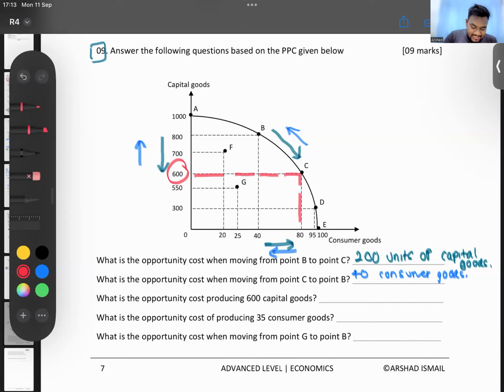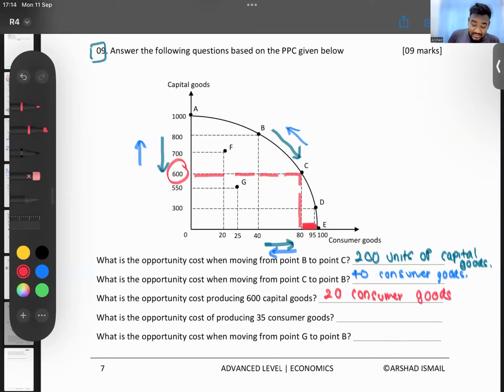When you're producing 600 capital goods, you can only produce 80 consumer goods. So how much of consumer goods can't you produce because you're producing 600 capital goods? This distance right here, this 20 consumer goods cannot be produced. So if they ask you what is the opportunity cost of producing 600 capital goods, your answer has to be 20 consumer goods.